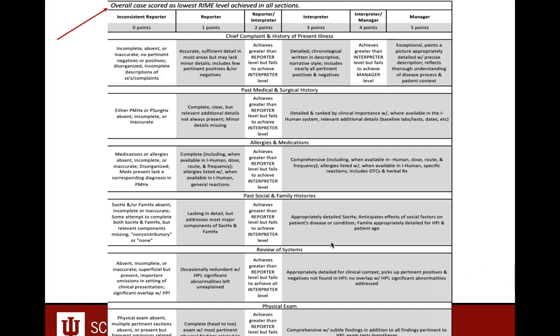This is no different than RIME levels in clinical performance. If you score in the interpreter or manager level for every section except, let's say, the review of systems section, where you score at the inconsistent reporter level, then your overall performance is rated at the lowest RIME level in any section, which in this case would be the inconsistent reporter level due to the performance on the review of systems.